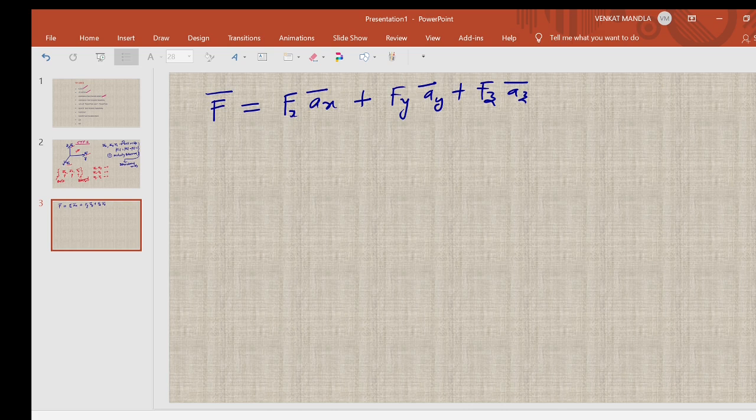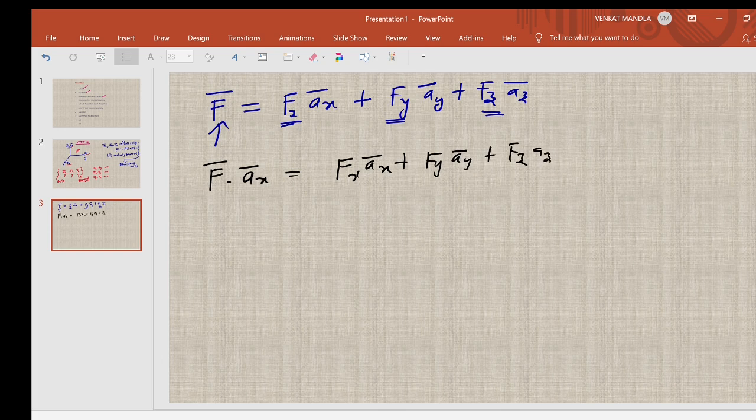Now, how to find these coefficients fx, fy, fz given f bar? I know f bar. How to find these coefficients? That is important. Take f bar, which is fx ax plus fy ay plus fz az, and do a dot product with ax.